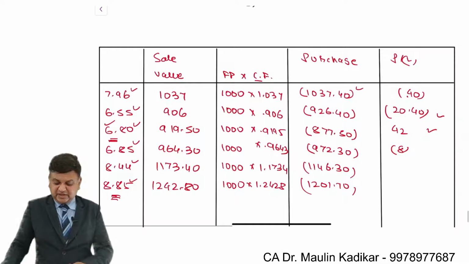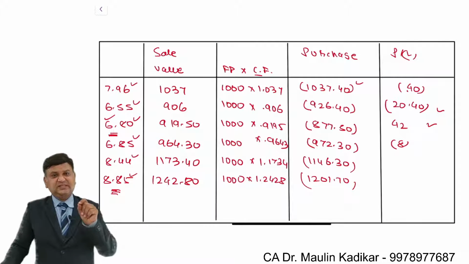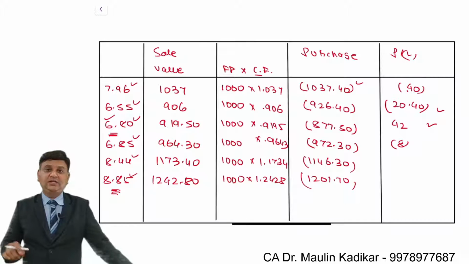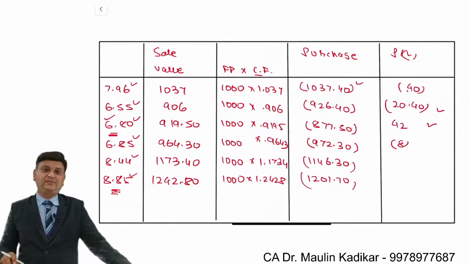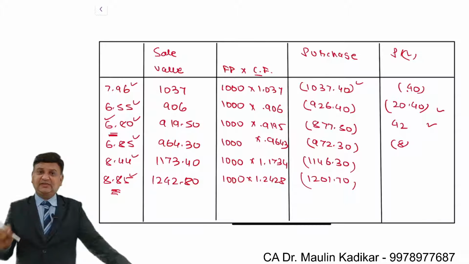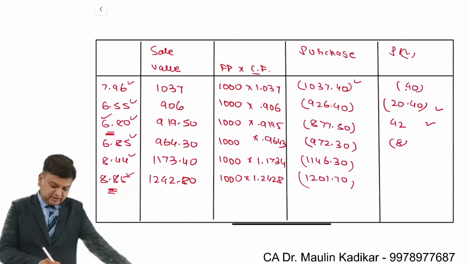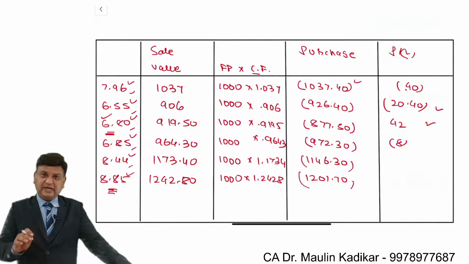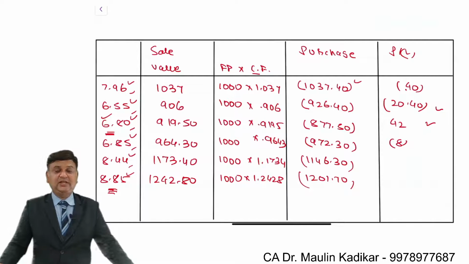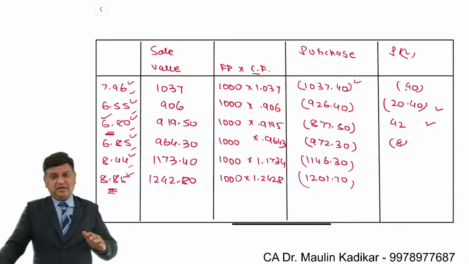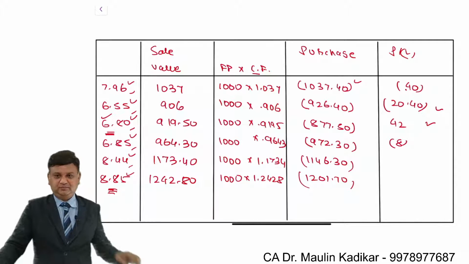This is the way we are required to answer, and this concept is given the technical name cheapest to deliver. So from the basket of securities available to me, I will deliver a security which has the least loss or the highest profit to me.